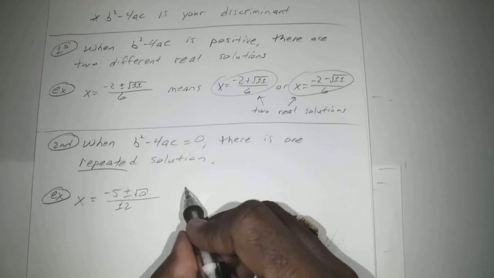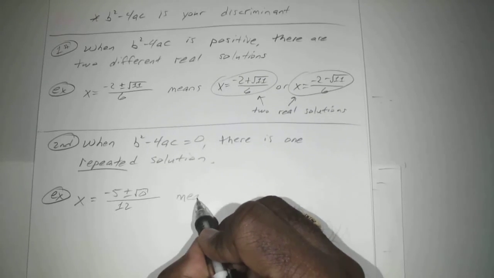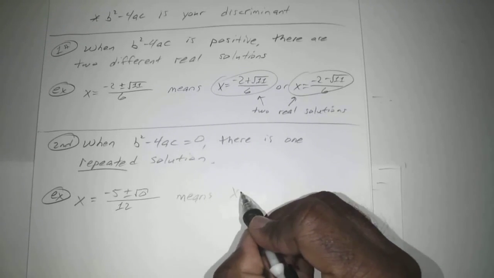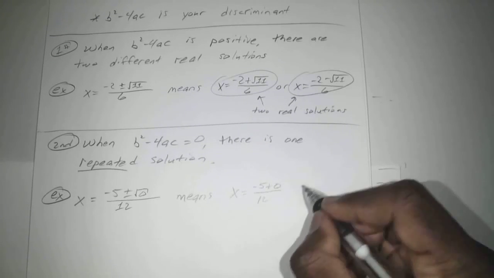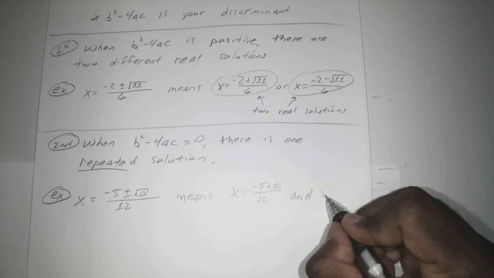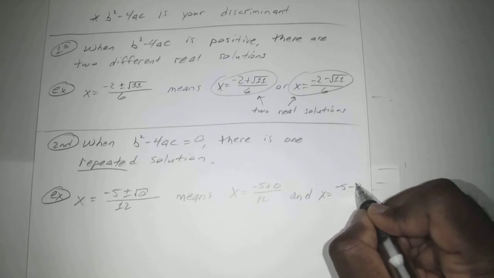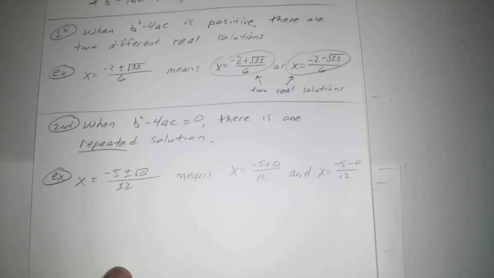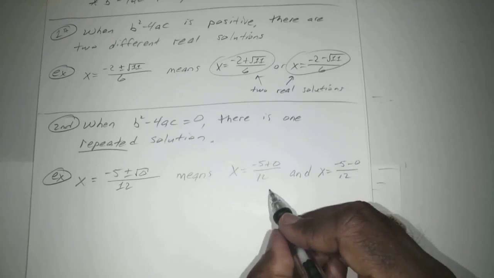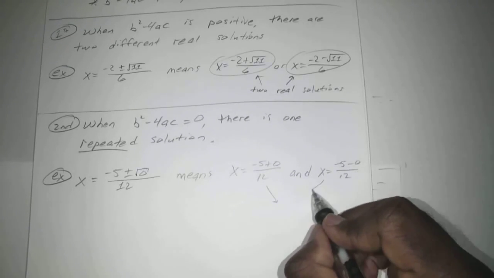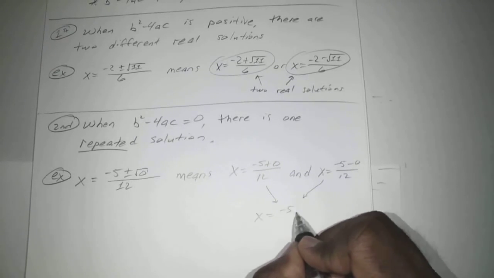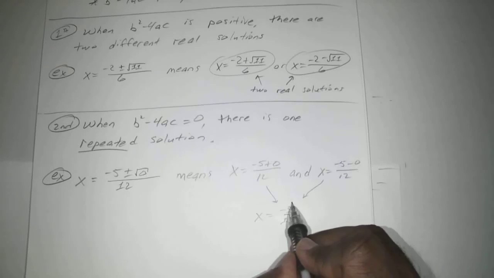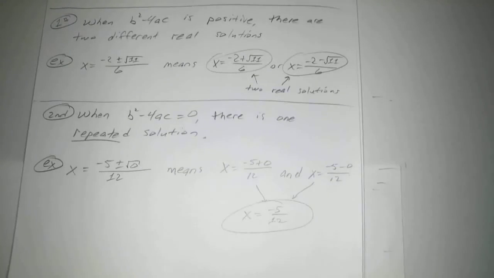So that just means x is equal to negative 5 plus 0 over 12, and x is equal to negative 5 minus 0 over 12, where both of those are just negative 5 over 12. So it's just one solution repeated.